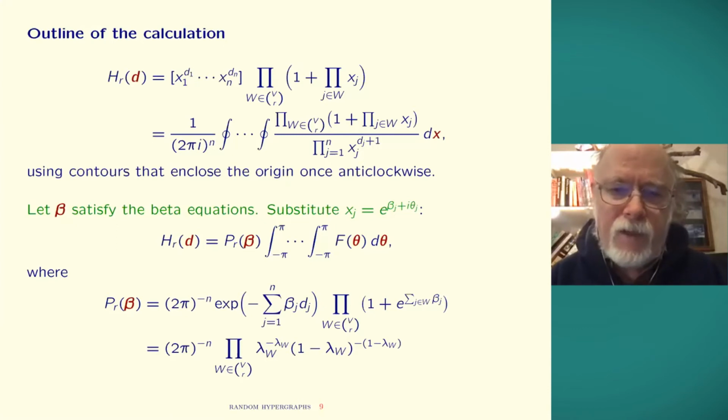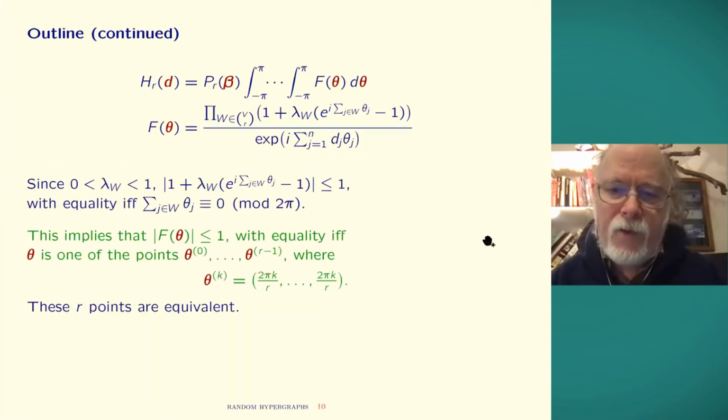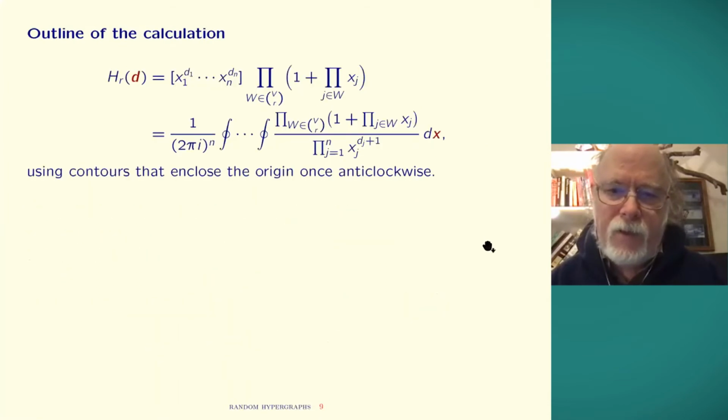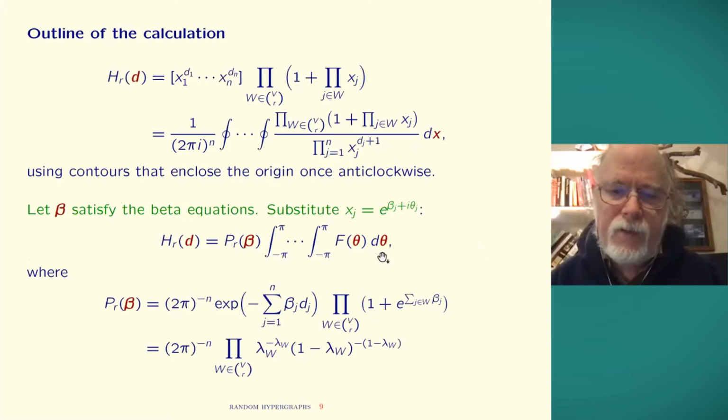So you make this substitution and you simplify and simplify, and it finally comes down to some stuff at the front that doesn't depend on theta, times an n-dimensional integral, from minus pi to pi, of some function f of theta d theta.